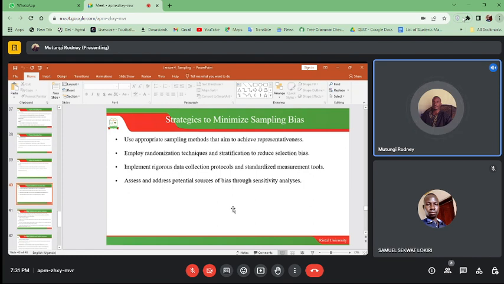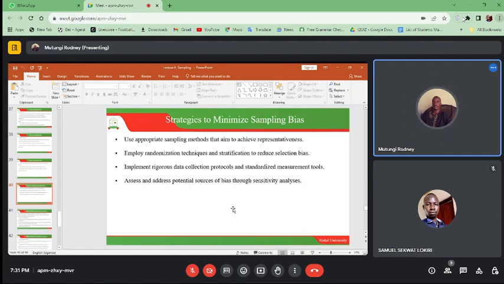We are going to use them to influence decisions and policies that are put in place in the realm of nutrition and other programs. So strategies again to minimize this is to use appropriate sampling methods. You employ randomization techniques and stratification so that you can have representative samples.